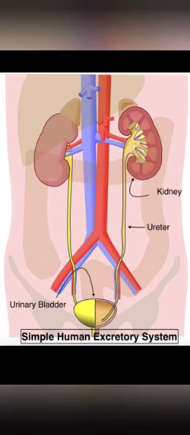Our kidneys help to clean the blood and they make urine. Then this urine is carried to the urinary bladder through the ureter. The bladder stores the urine till it is passed out. When we breathe, the lungs help to remove carbon dioxide from our body and our skin removes waste in the form of sweat.